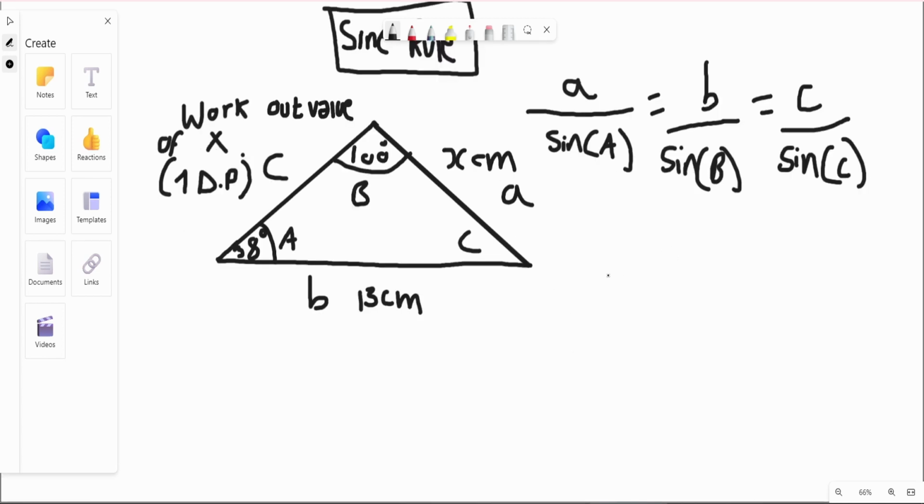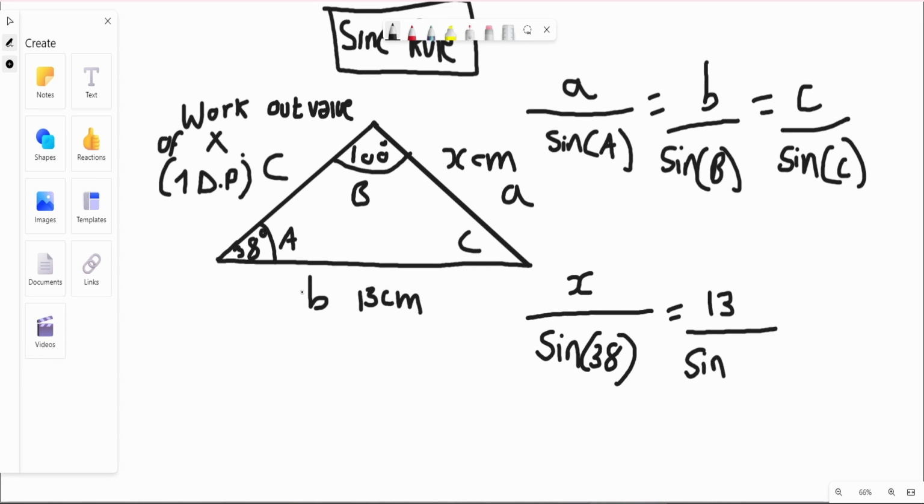So let's start off with A. X divided by sine of A, which is 38, is equal to B, which in this case is 13 centimeters, divided by sine of angle B. Angle B is 100 degrees, so we're going to do sine of 100.